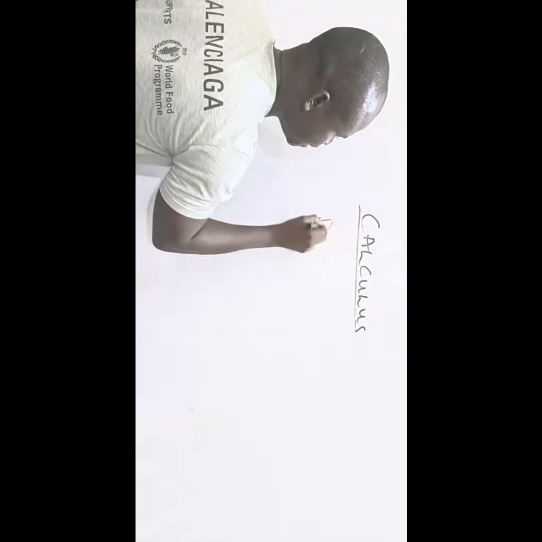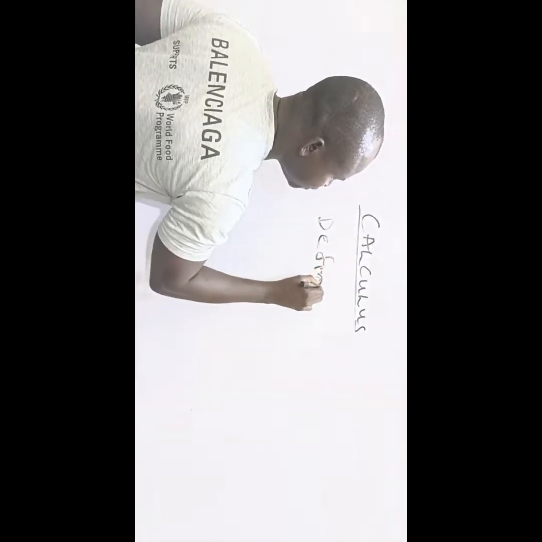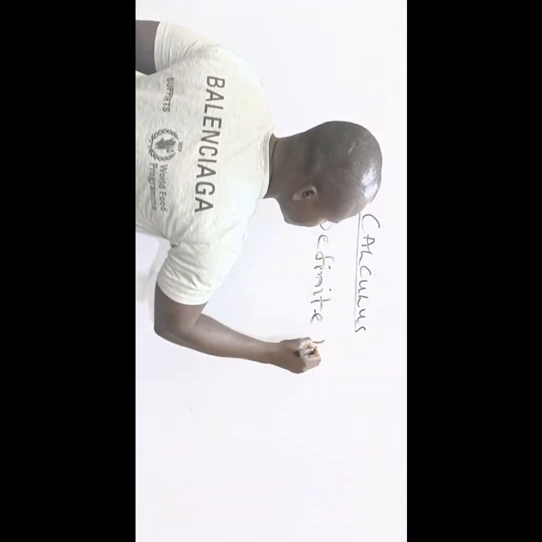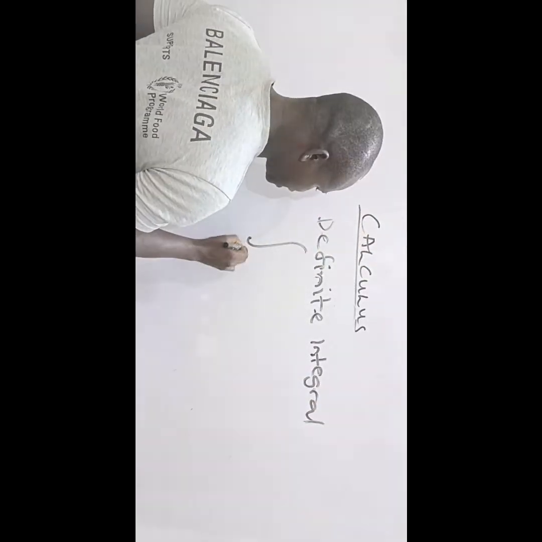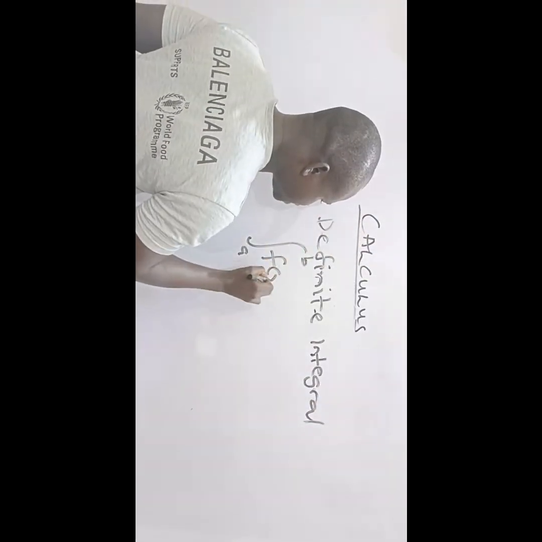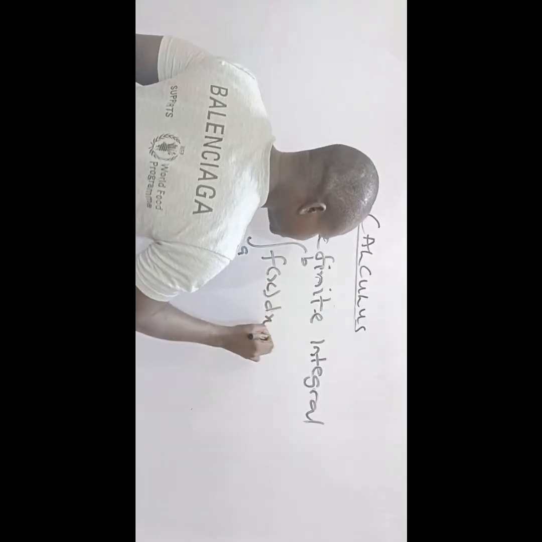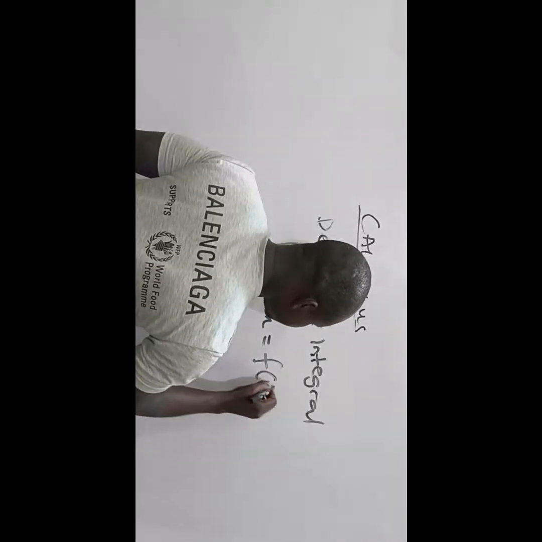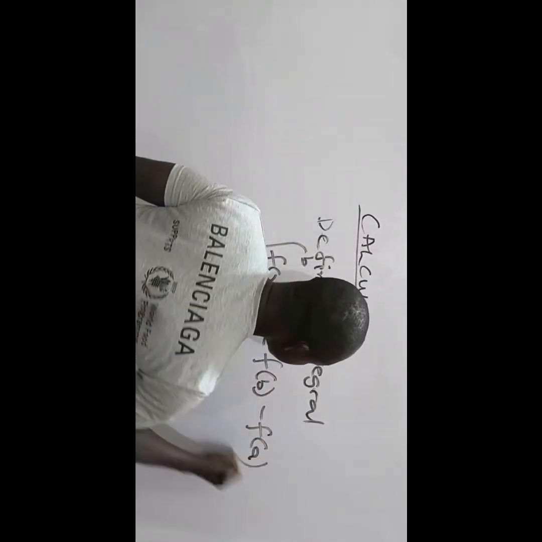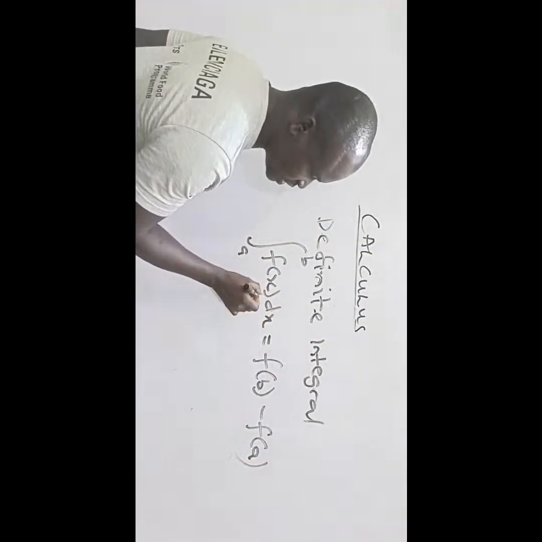When we have a definite integral, something like the integral from a to b of f of x dx, at the end of the day we are going to have f of b minus f of a, irrespective of the function.